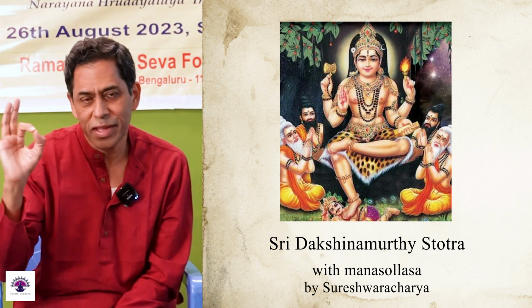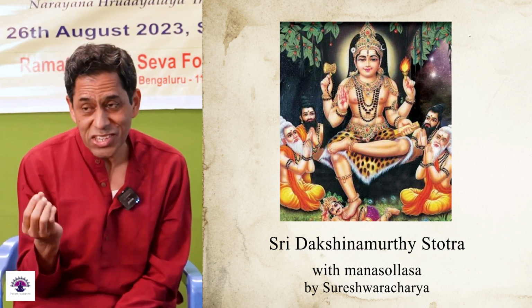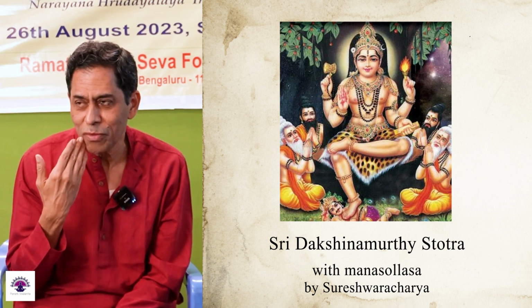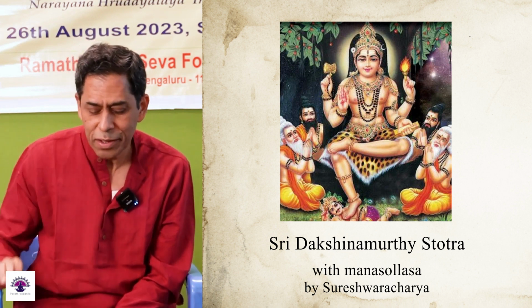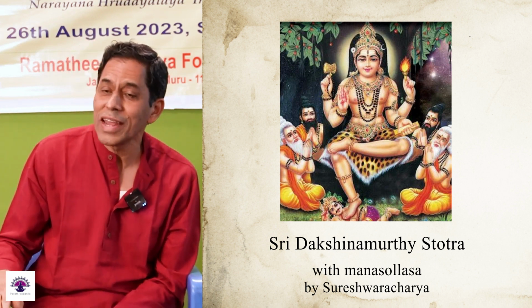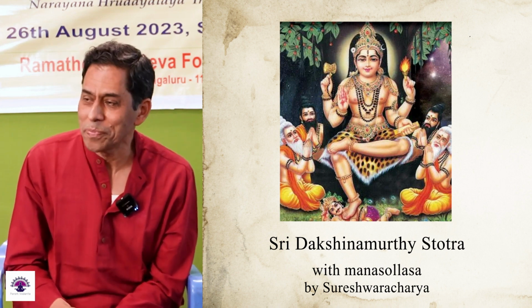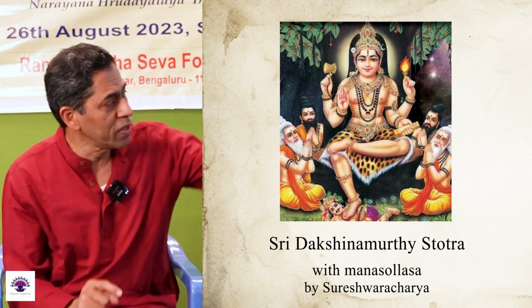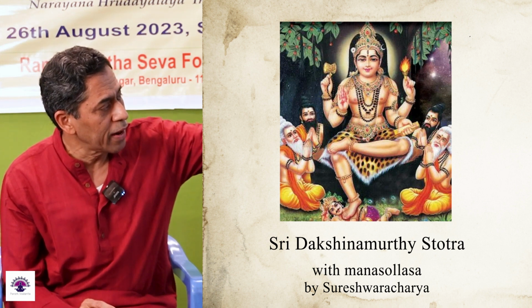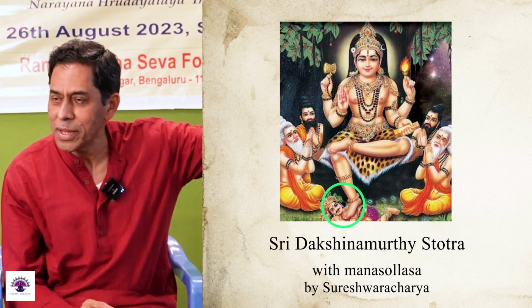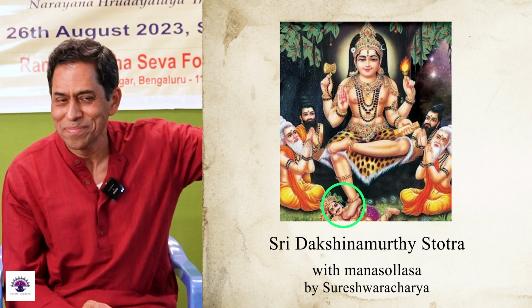He is demonstrating. Now this teaching, this smile on the face and this teaching, remember all the time. The right leg is on Apasmara. Can you see Dakshinamurthy's right leg is on somebody? Who is that somebody?